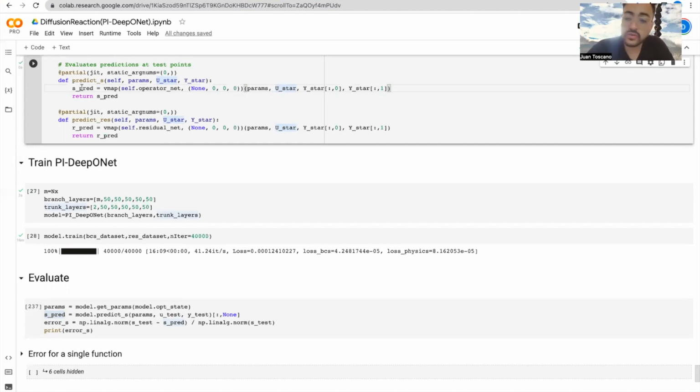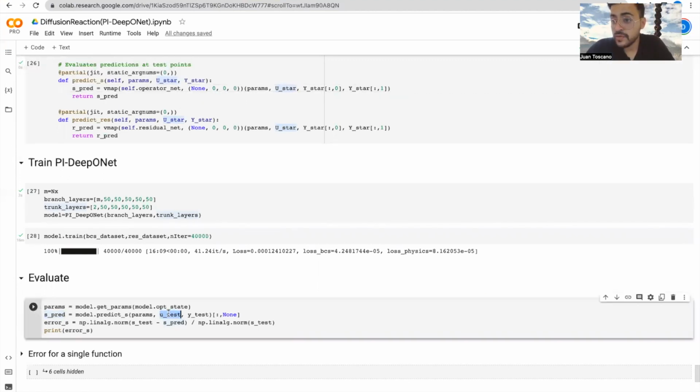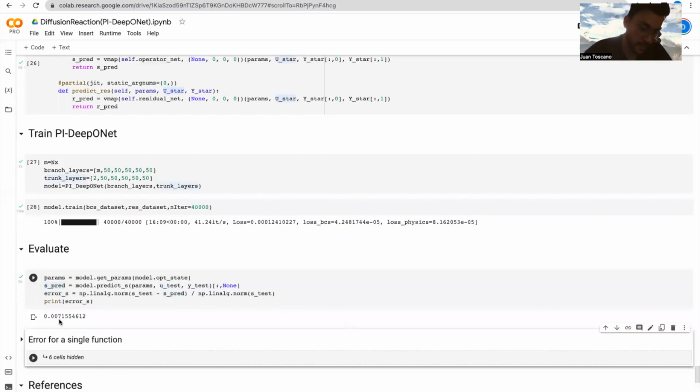So this would be the solution of our partial differential equation. But since the input would be 100 input functions, this would be 100 output solutions. And that's exactly what we have here. This error is the L2 error, or the relative error. So let's see how much we have here. We have 0.7% for the 100 input functions, which is pretty good.